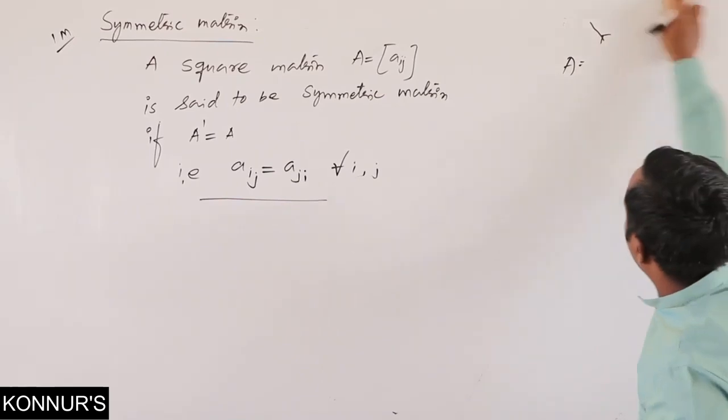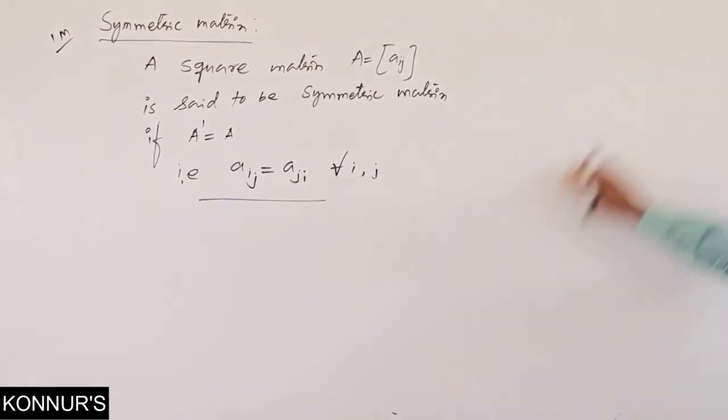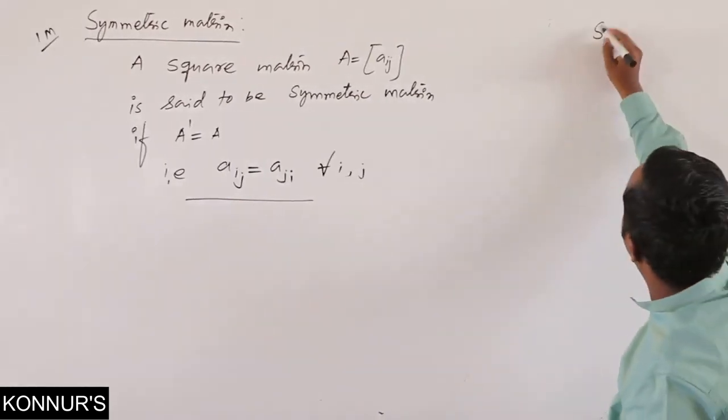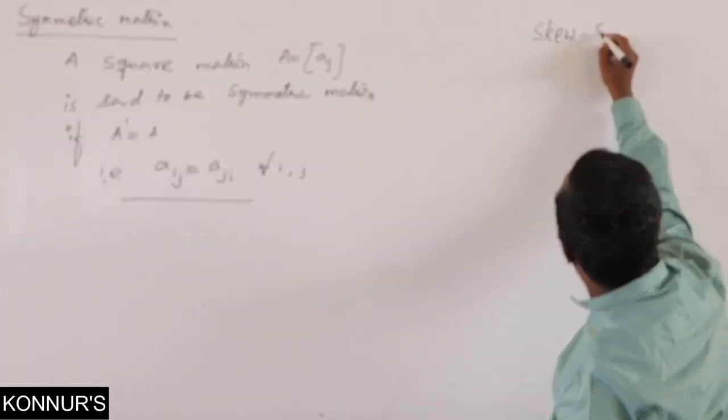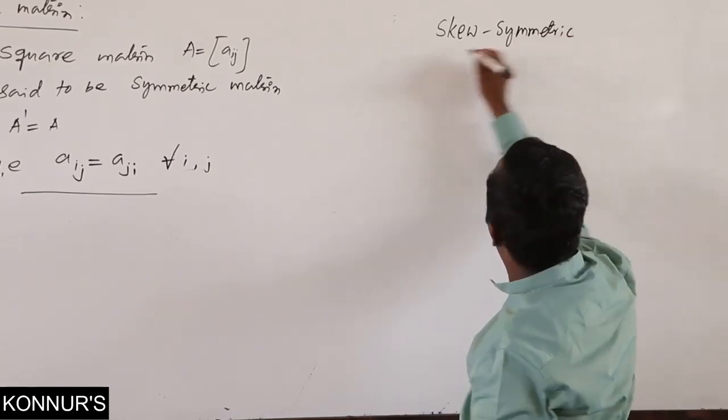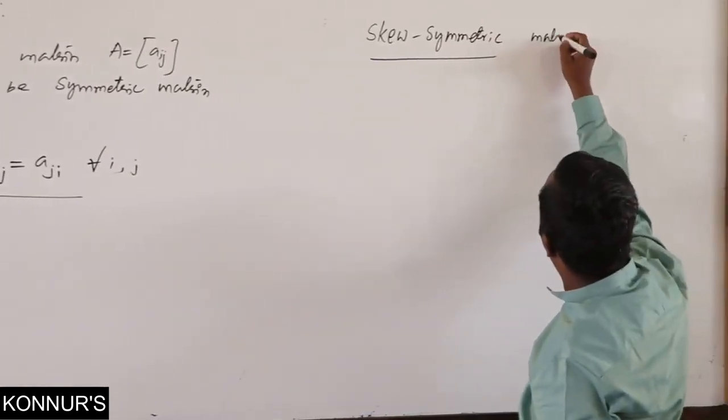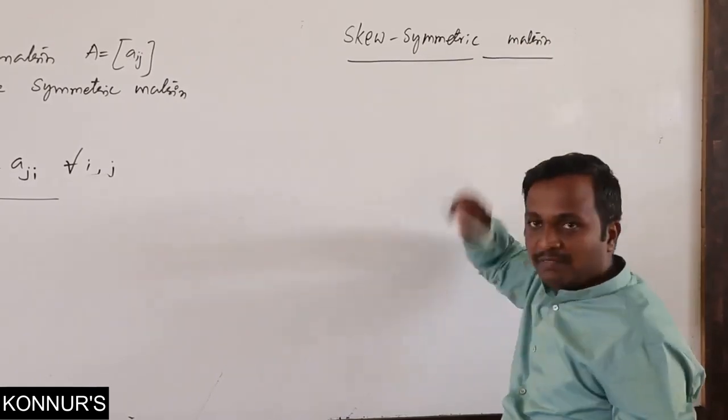Now we will make another definition. Skew symmetric matrix. Same way we will define it.